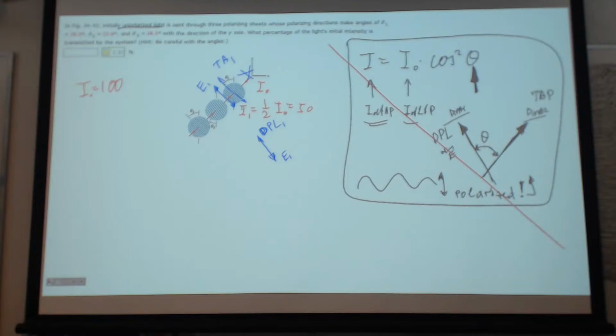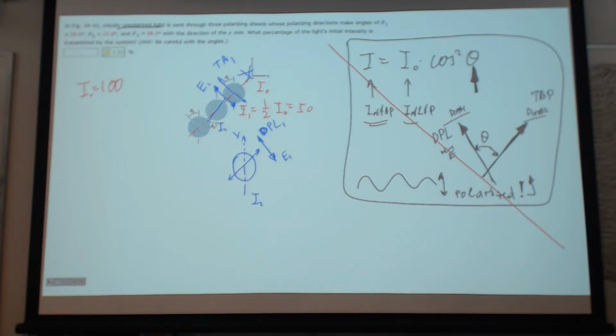And now this light is approaching a second polarizer. And the second polarizer has a transmission axis at a new angle as measured from the vertical direction. All right. Now you need to calculate intensity number 2.